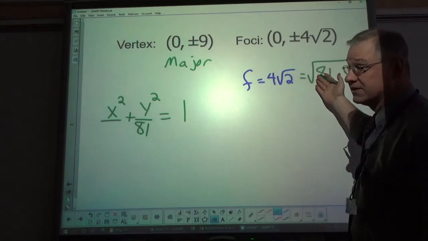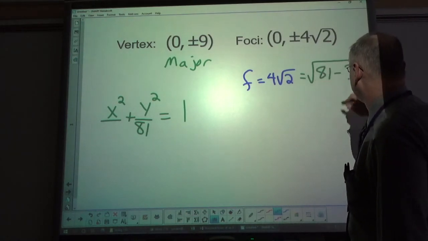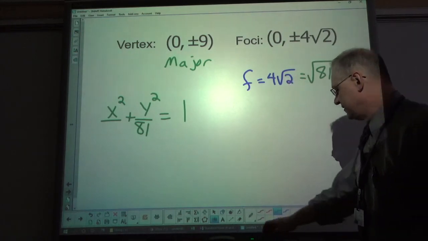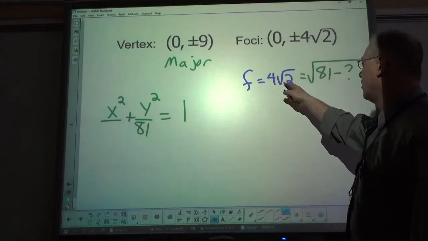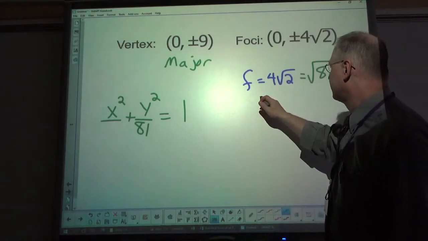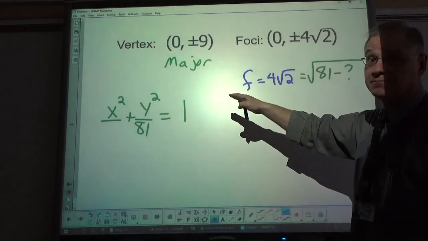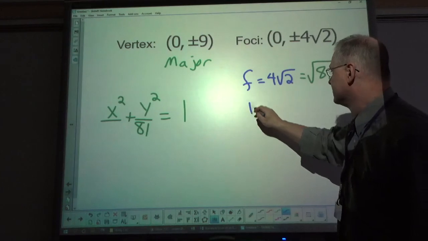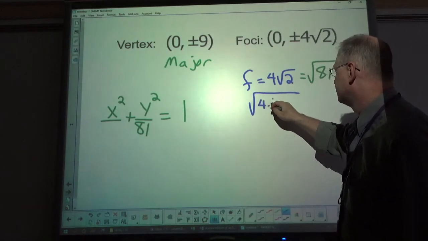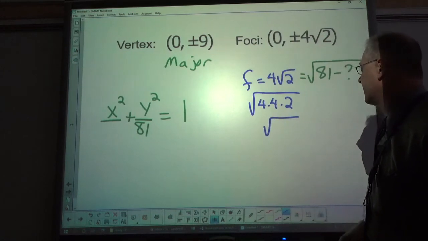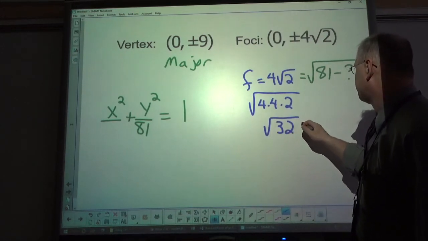We know that's the major one, minus something to equal that. Well, if I want to make this all inside the square root so it's easier to work with, remember, to pull it out, you had to pull out 4 times 4 to get the 4 on the outside. So this is really 4 times 4 times the 2 that's in there, or 32.